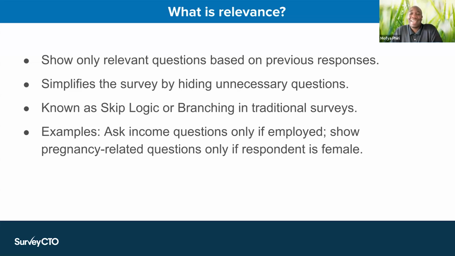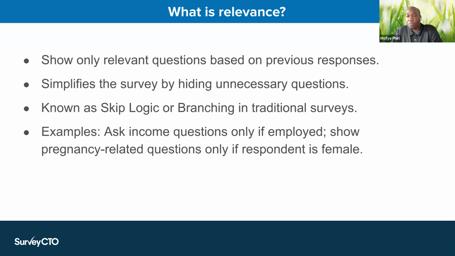You can think of relevance as defining the specific conditions under which a field or a group of fields should be shown. For example, you might ask income-related questions only if a respondent is currently employed. Or you might display pregnancy-related questions only if the respondent is female.